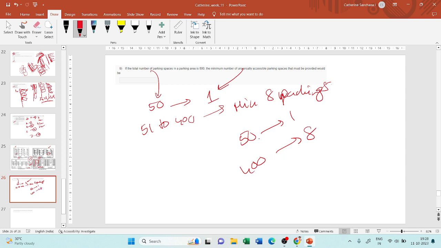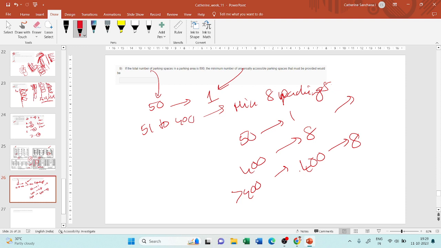Now if it is more than 400, you will not increase it by 50. Till 400 you will provide 8.